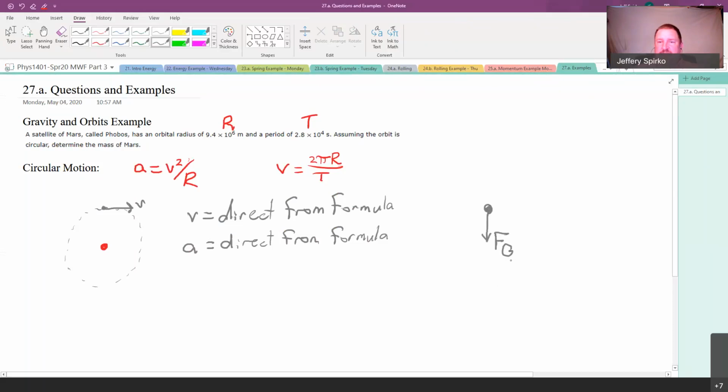I'll use a capital G for it instead of the lowercase g. So our force of gravity is equal to G M m over R squared.